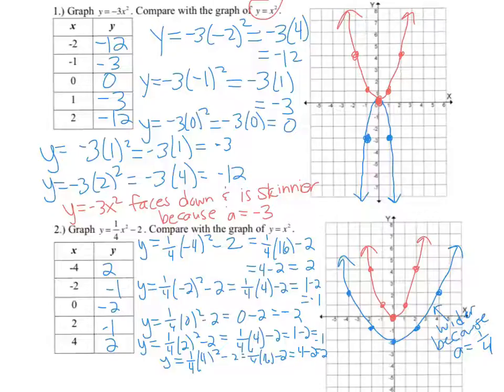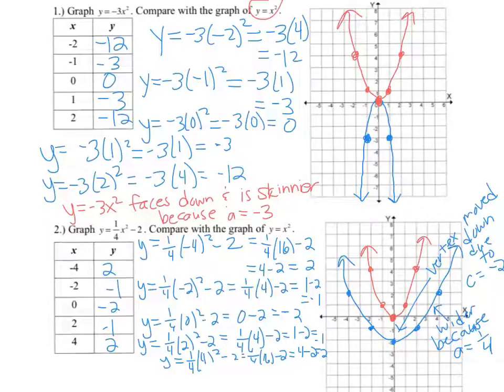So when a is a value less than 1, it makes the graph wider. And then the vertex has moved as well. So the vertex moved down because of that c value. So because c equaled negative 2, it moved the graph downward and changed our vertex from 0, 0 to 0, negative 2.